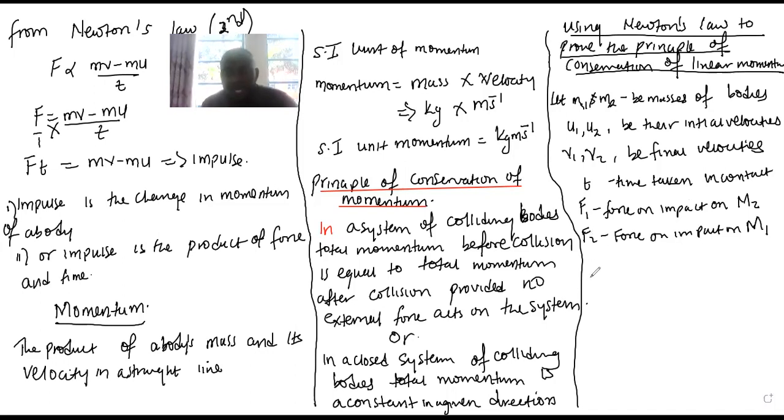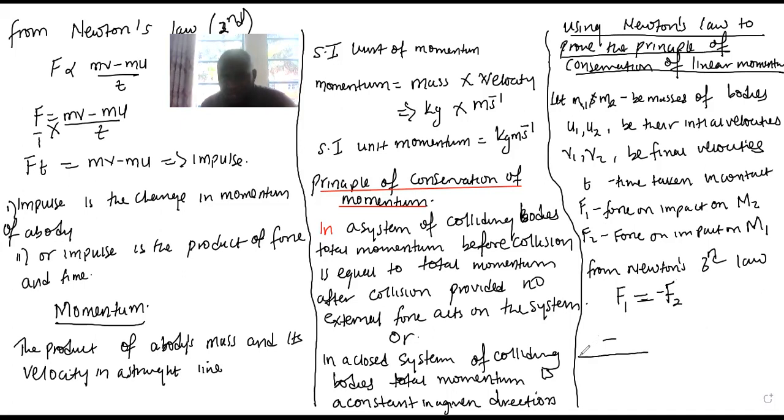Then from Newton's third law, which says action and reaction are equal but opposite. One force F1 acts on mass M2, then M2 is going to act back with another force which is in opposite direction. So it's going to be F1 is equal to a negative F2. That is why the force is negative.